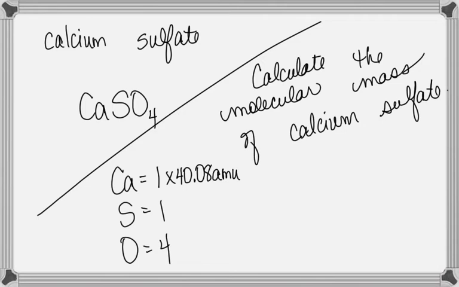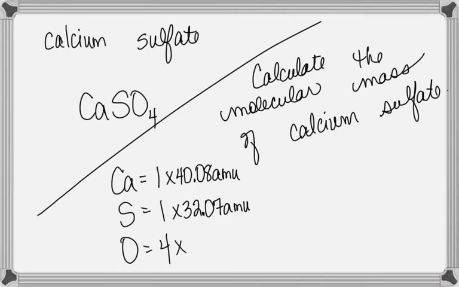What's sulfur? What's its molecular mass? 32.06. You know what this is? Yeah, it's 0.066, so we're going to do 32.07 AMUs. If y'all still have those periodic tables that I handed out to you, you can look up here, but it might be hard to see.